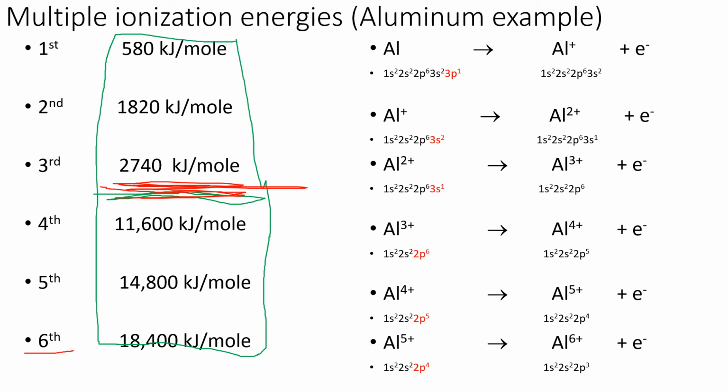If the big jump would happen between the fourth and the fifth, what that's telling you is that you would have 4 valence electrons. You'd be looking at something in group 4A. The big jump comes between the 5th and the 6th ionization energies. That information then is telling you have 5 valence electrons. Group 5A. Something between the 6th and the 7th, well, that's going to be telling you that you have 6 valence electrons.